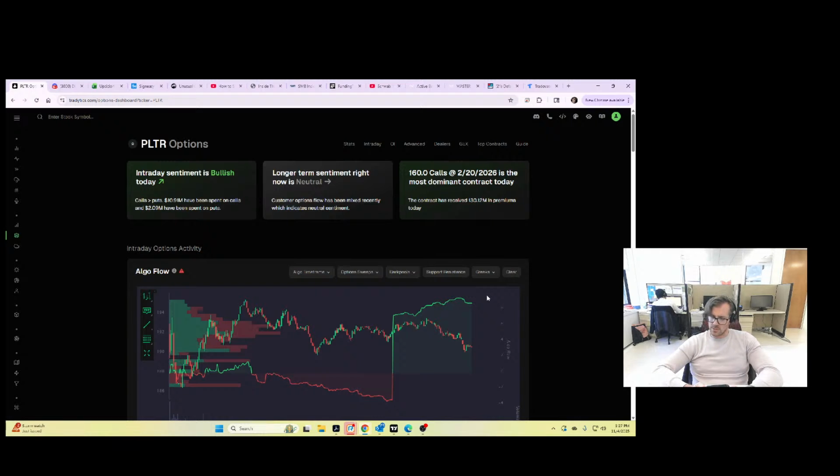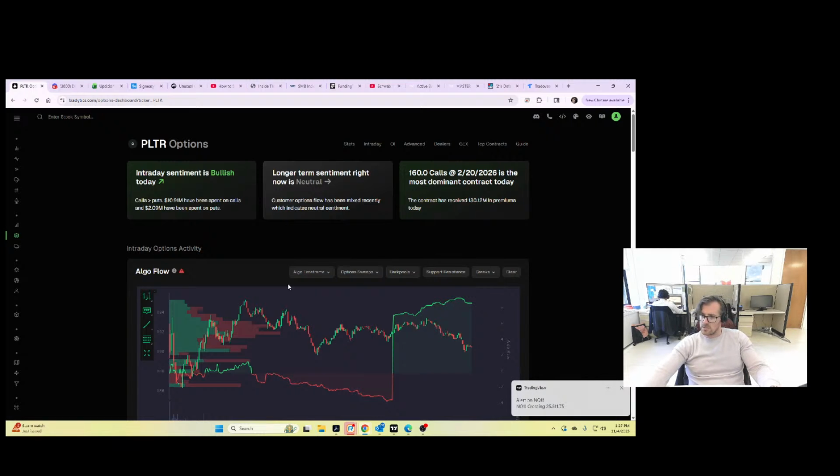So like the 21st. Puts. I mean, there's a lot of open interest there. 160, 170. There's a lot of open interest.